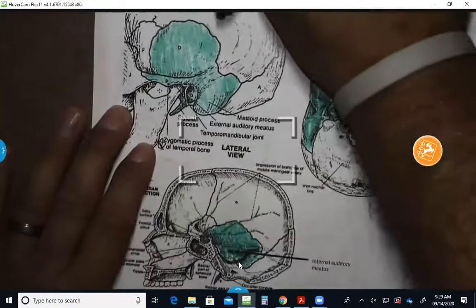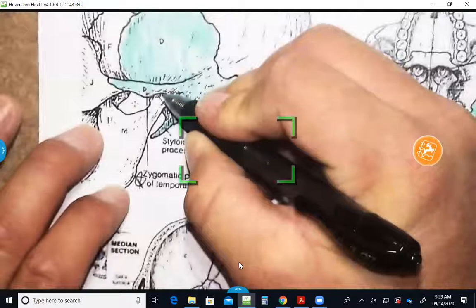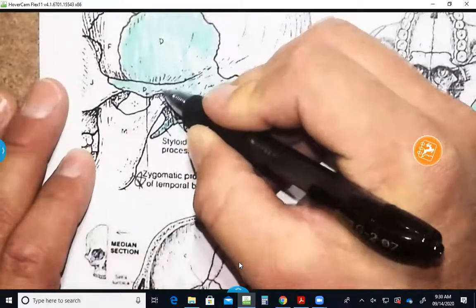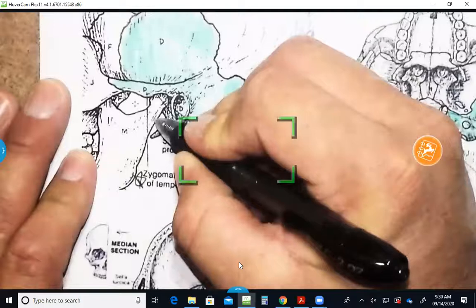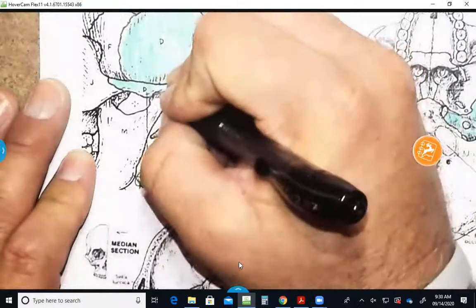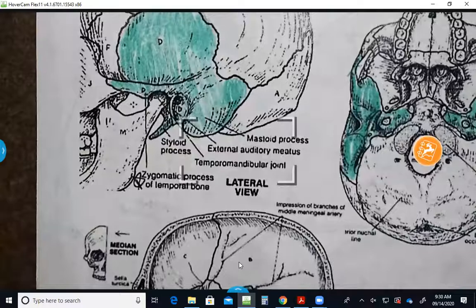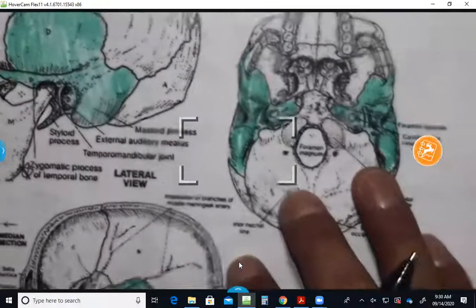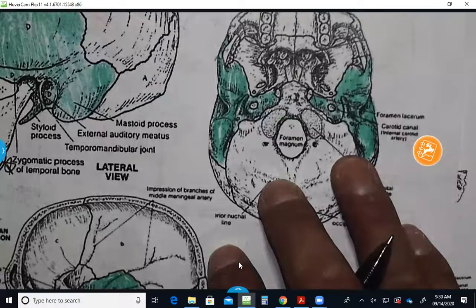Now, if I zoom in tremendously here, right here, you can see there's a connection between our temporal bone and the mandible. There's a little depression, darkening it in. It's actually visible over here, but it's not labeled, so I'm not going to worry about it.